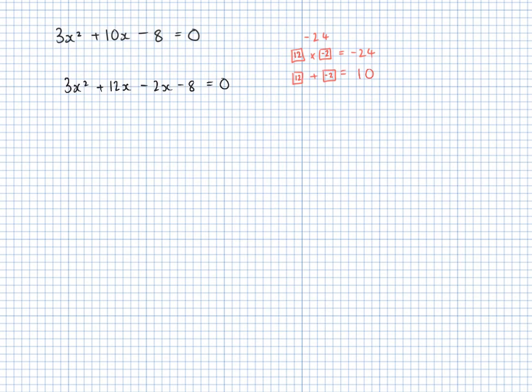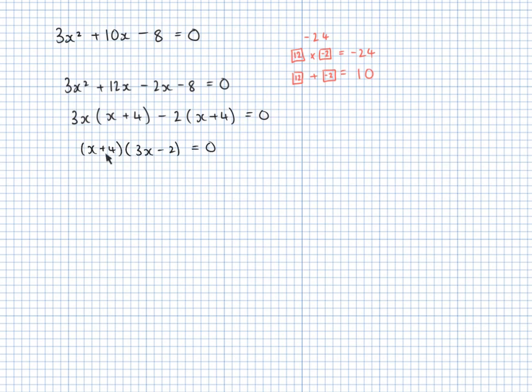And I'm going to factorize this side, so 3x bracket x plus 4, and from these two terms I'm going to factorize -2, so -2 bracket x plus 4 equals 0. Now x plus 4 is a factor of both of these parts, so I'm going to have x plus 4 bracket 3x take away 2, and that's equal to 0.